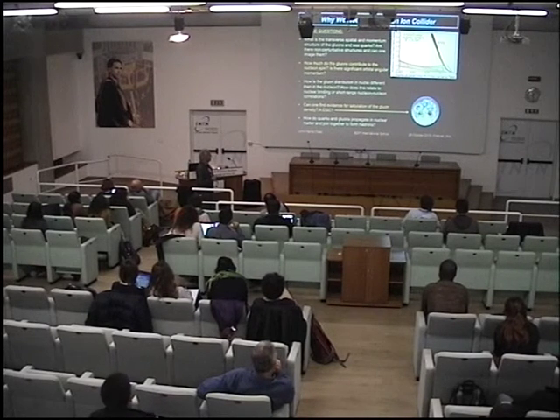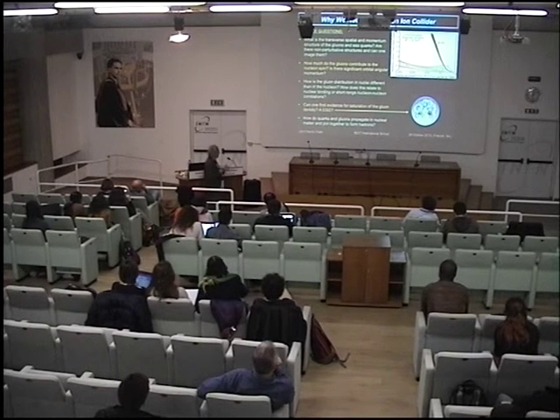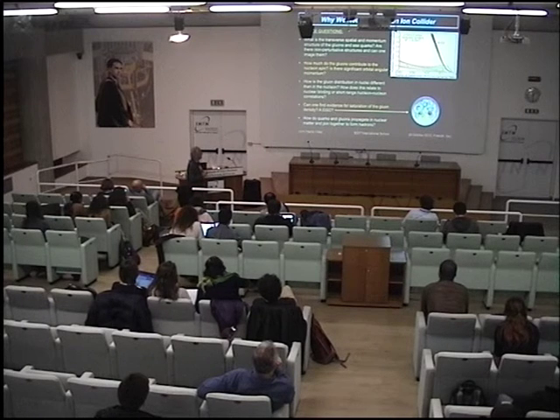So what's going on? Well, there are many science questions. Can we understand the role of gluons in terms of their spatial and momentum distributions in the nucleon and perhaps in the nucleus, but mainly in the nucleon?